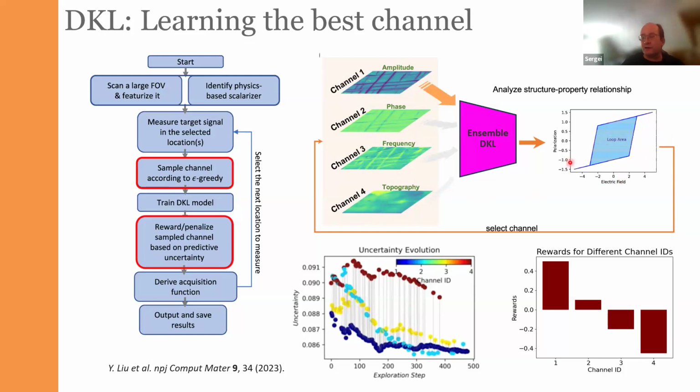Turns out we can use the same hypothesis learning approach when we have different predictive models compete. In this particular case, you can see that after 500 exploration steps, the blue model was the one that provides the lowest uncertainty. So we were able to find out the channel which gives the better prediction, and that one is actually channel 1, which is not surprising.